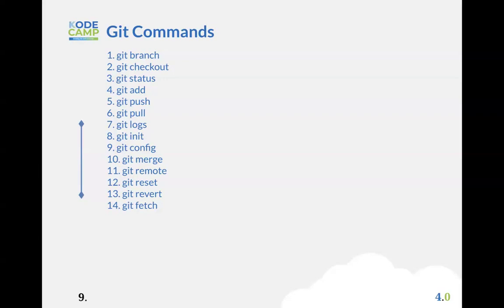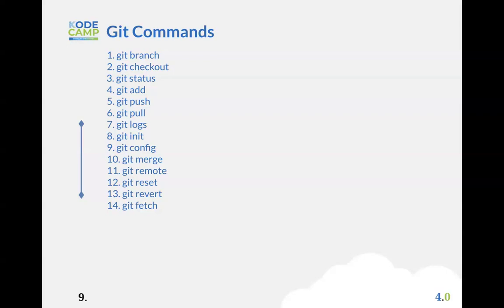You set that up using git config. Now, merging is done with git merge. Git remote is used to either set up, change, or update the remote repository, because all these commands are used on your local system, right? So if you want to set up a remote repository or work with a remote repository that you can push from your local repository into, you use git remote.